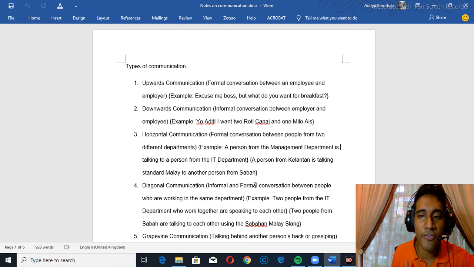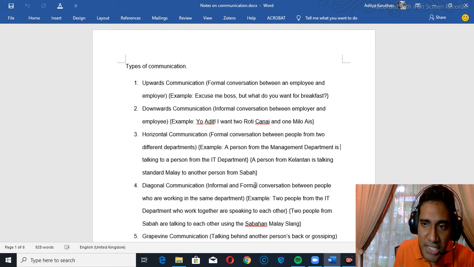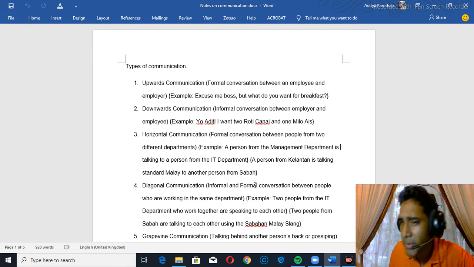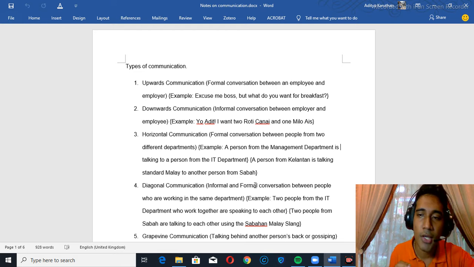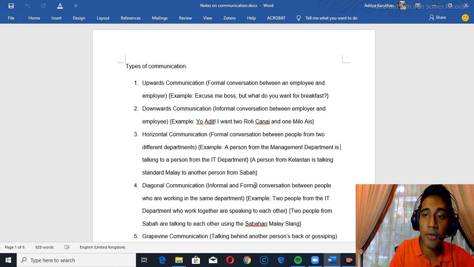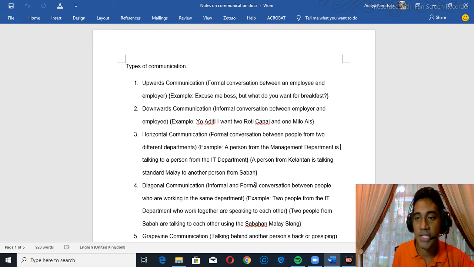So it's more informal, because my friend Achang is from the same IT department. We have the same jokes, the same experiences, and we speak almost the same style. So horizontal communication is communicating formally to people from different departments, but diagonal communication is an informal or formal conversation between two friends working in the same department.